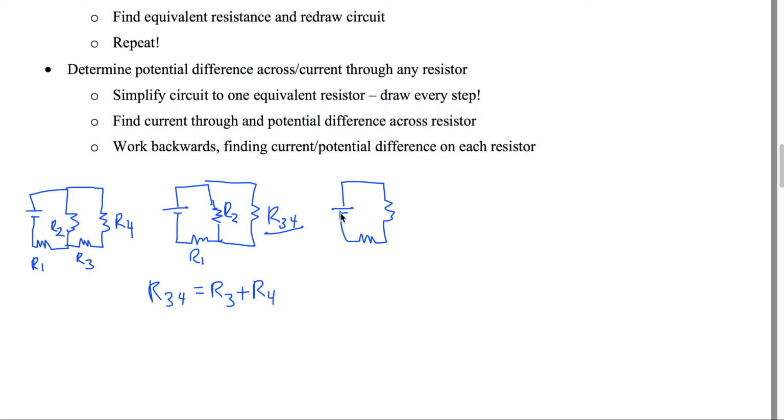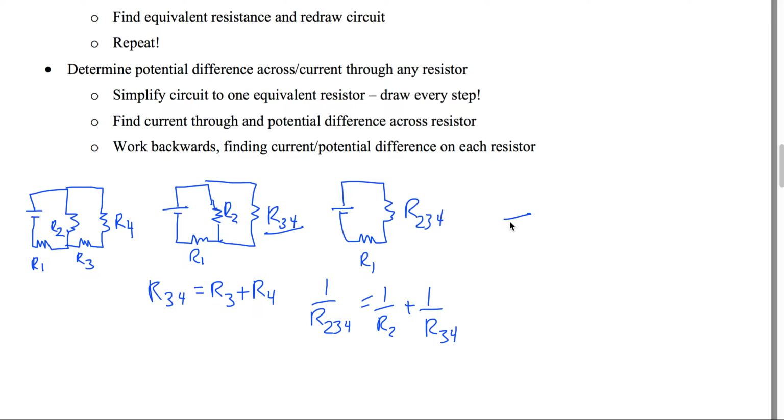We haven't touched R1 yet, but this one is now the combination of 2, 3, and 4. Underneath, say how you calculated this one. Those were in parallel, so 1 over R234 is 1 over R2 plus 1 over R34, and you'd have to do a little bit of math to get R234 by itself.